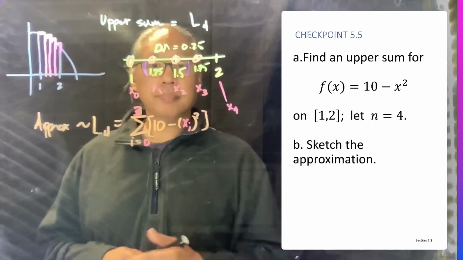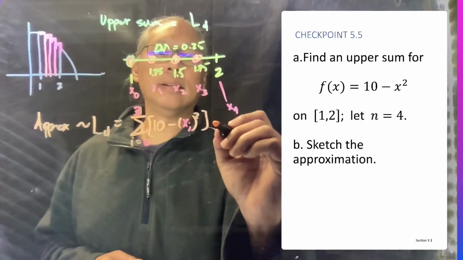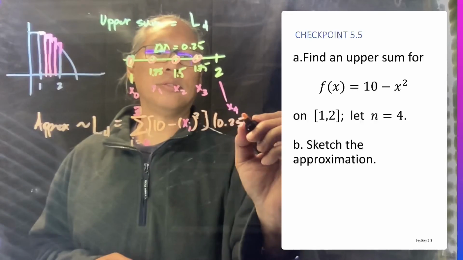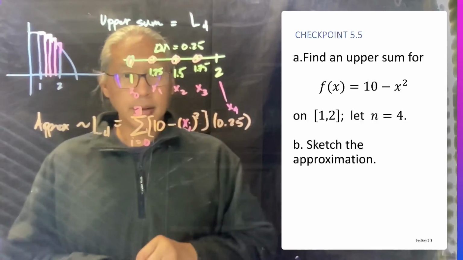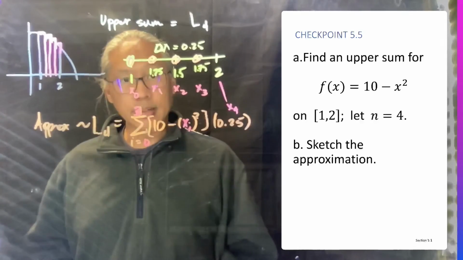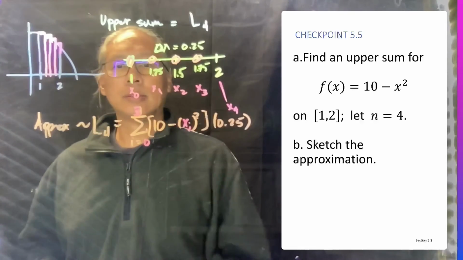And then, don't forget, this is the height, and then the base is delta x, so it's 0.25. Okay, let me just write this out and see how it'll look.